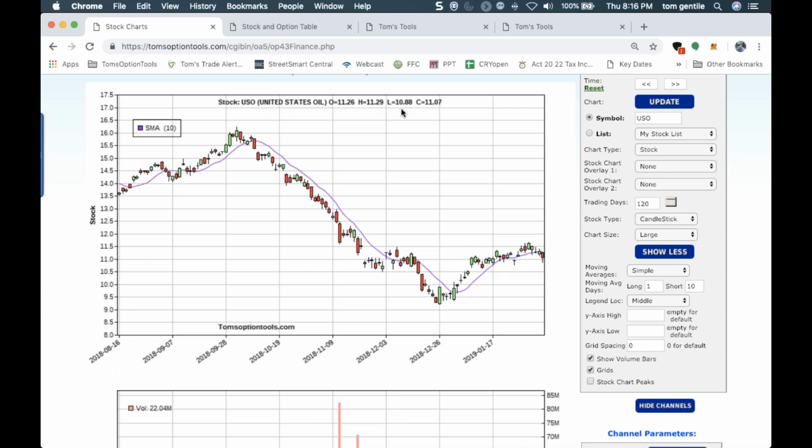This is USO. So think of USO as the ETF for crude oil. It traded up as high as 16 and then dropped all the way down to 9.25 before now settling out around 11. Okay, so as you can see, these are big moves. I mean, think about this, 16 to 9-ish.